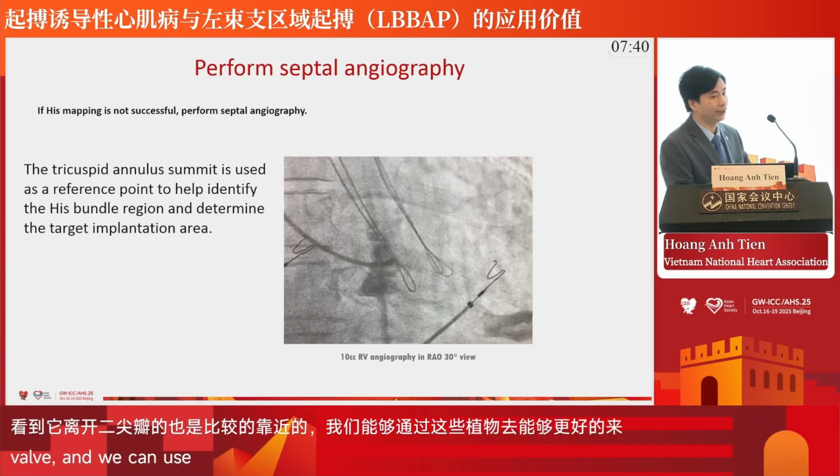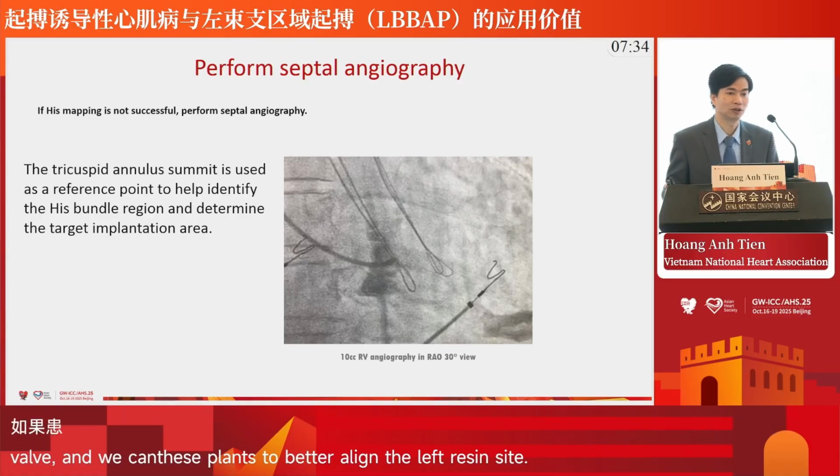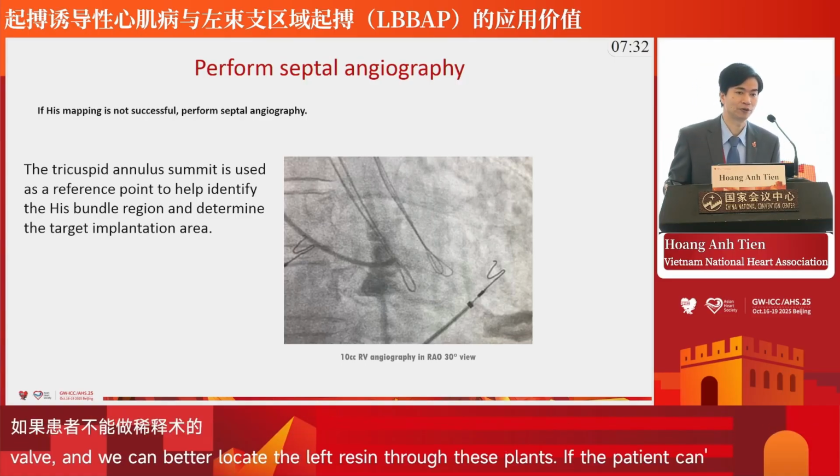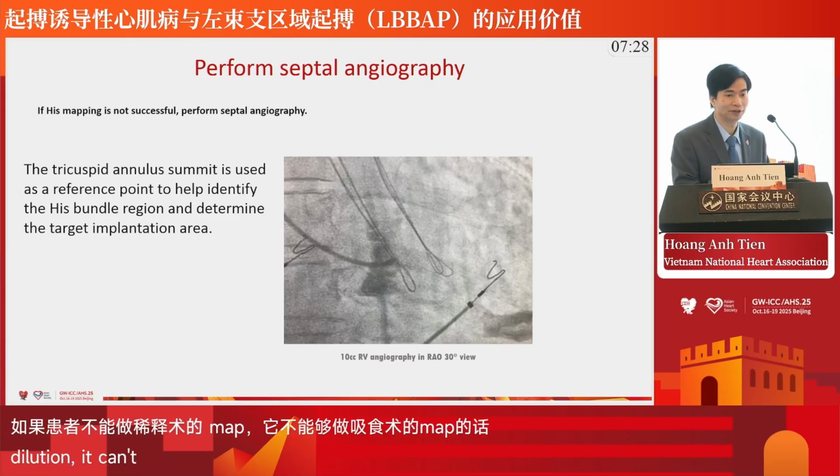If the patient cannot do His mapping, or in a hospital that doesn't have the electrophysiology system, we can perform septal angiography.